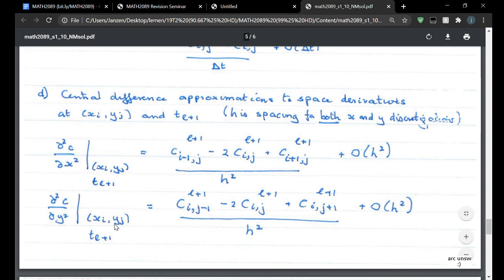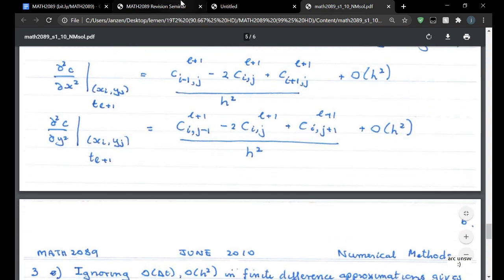So when you're partially differentiating the expression for c with respect to x, you change the subscripts for i, but when you're partially differentiating with respect to y, you're changing the subscripts for j. And since t isn't involved in this expression, the l plus 1 superscripts also remain the same. Cool.